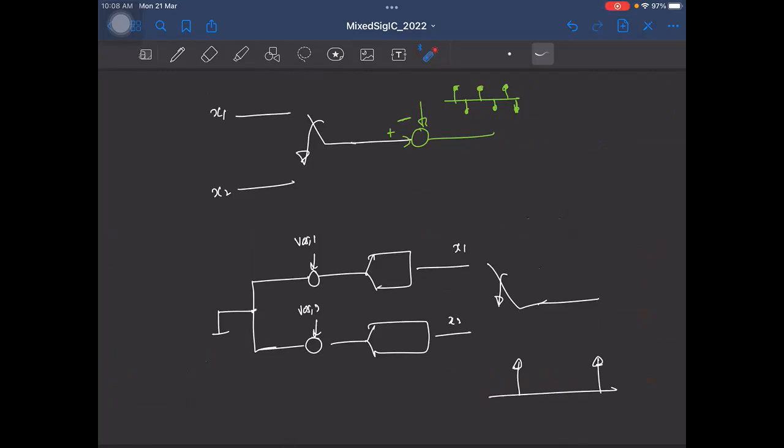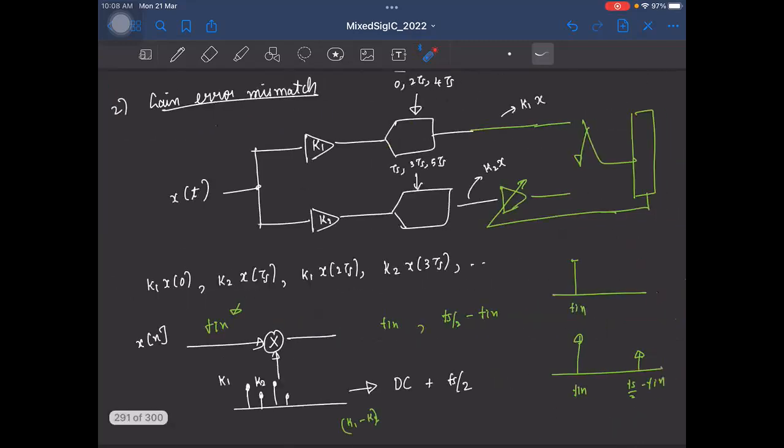And this kind of digital calibration is very commonly used in any mixed signal system, because you'll find that correcting for any non-idealities in the analog domain is extremely difficult. So in mixed signal systems, you have digital information, you have powerful digital processing, you simply exploit it, that's all. Right, and similarly, we saw what happens with gain mismatch.